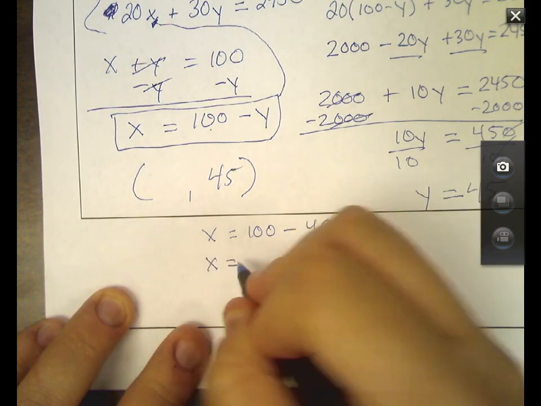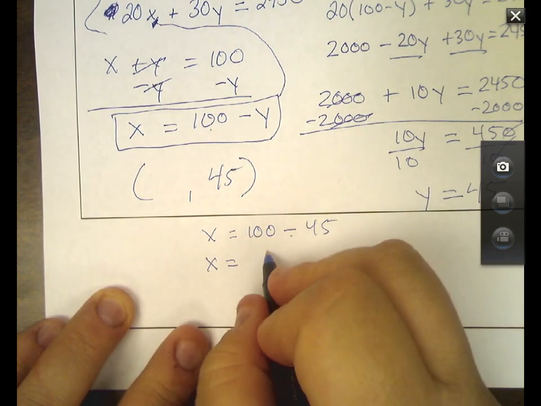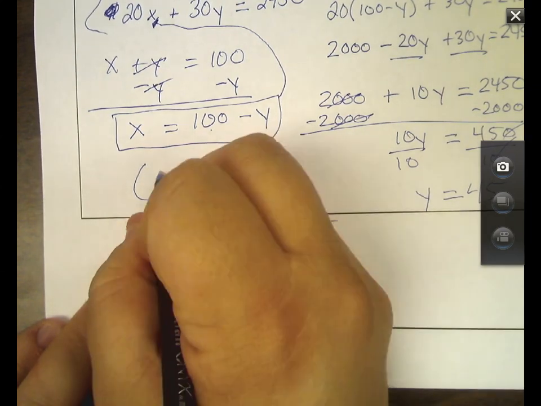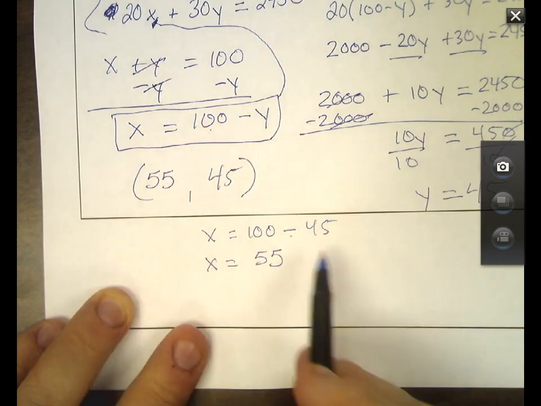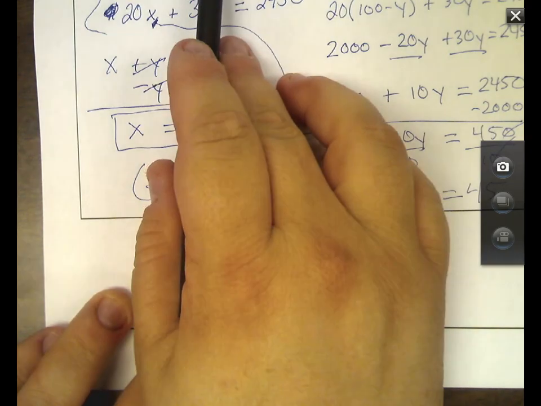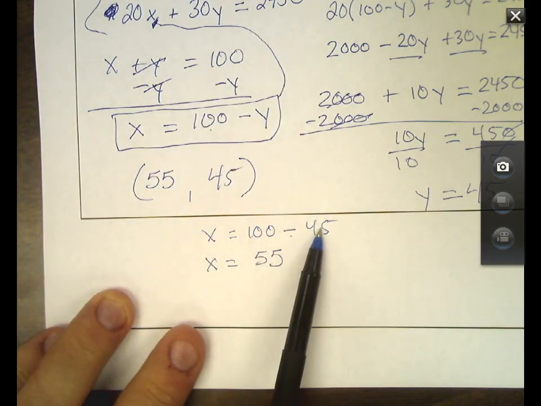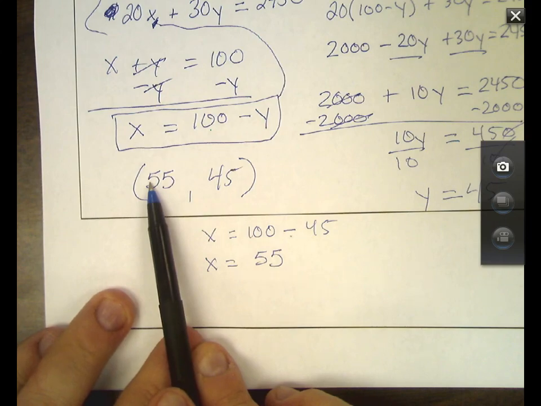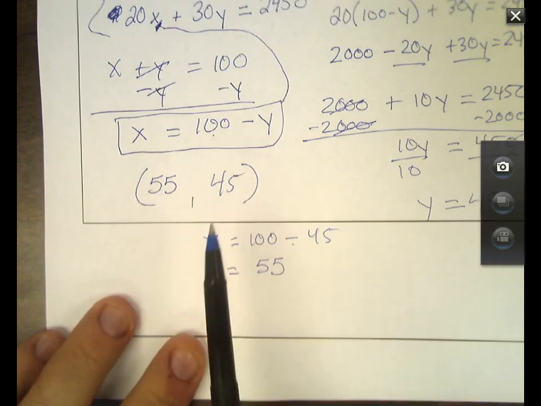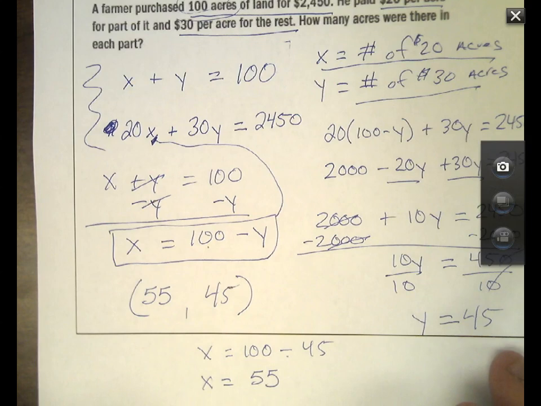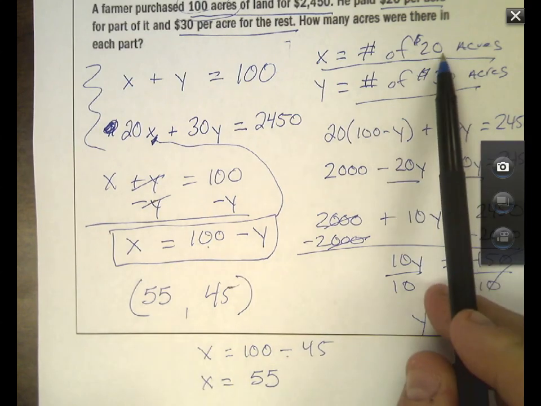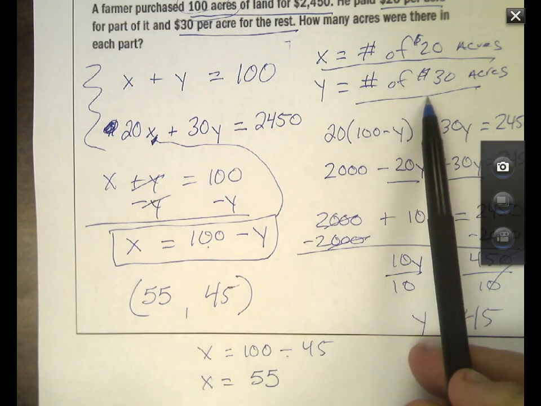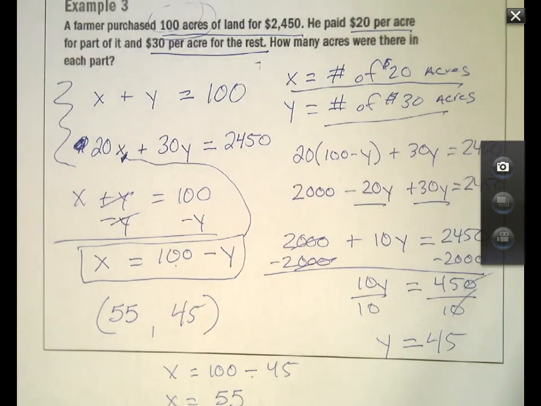So X is going to equal 100 minus 45 is 55. So yeah, most people, you could have figured that out in your head if you only had 100 acres. If he subtracted 45 from 100, obviously then it has to be 55 acres. So how much did the farmer purchase? He purchased 55 $20 acres and 45 $30 acres.